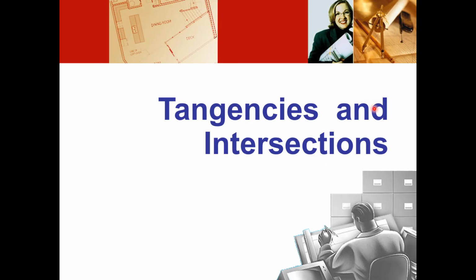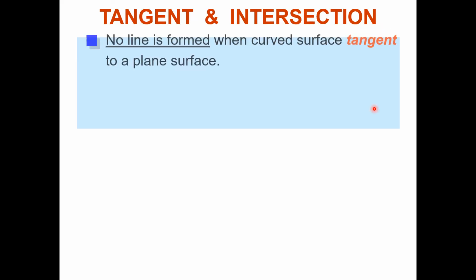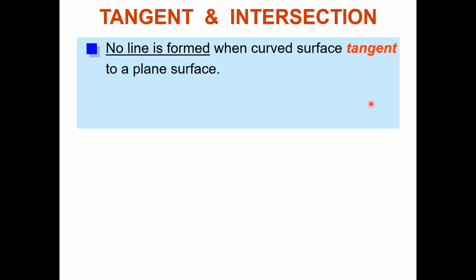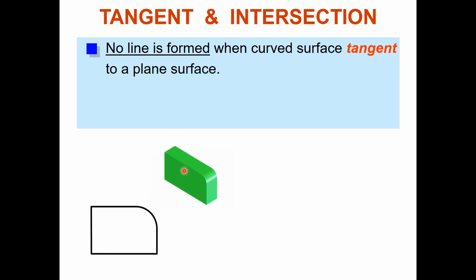Tangencies and intersections, that is also where students face confusion. So here I will try to cover tangent and intersection. No line is formed when a curved surface is tangent to a plane surface. When you see from the front, you will see the curve, and when you see from the top, you will see this edge.